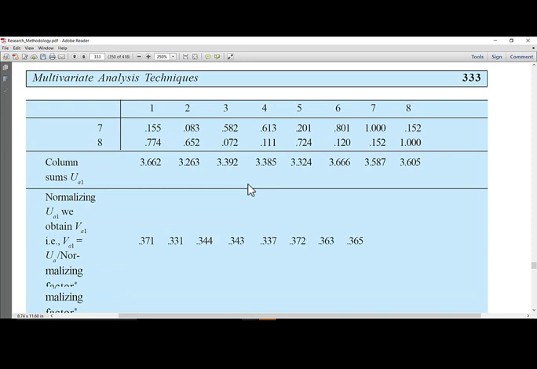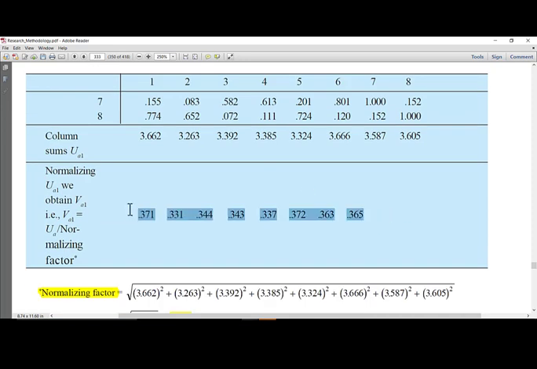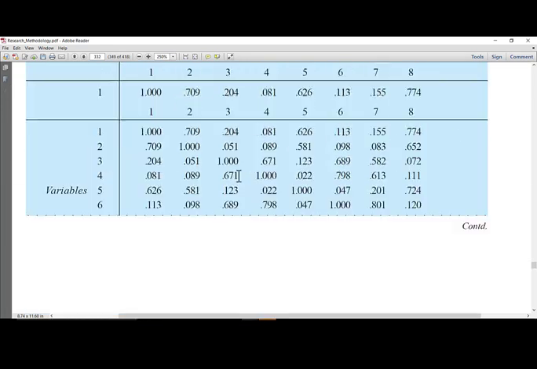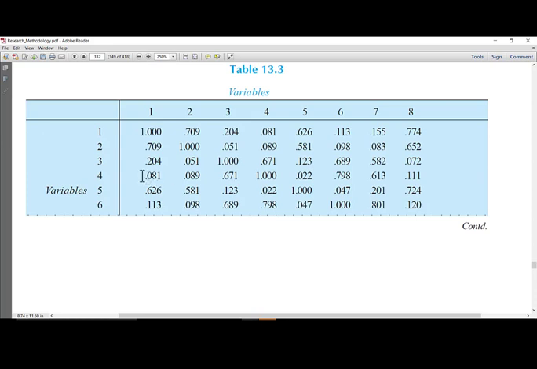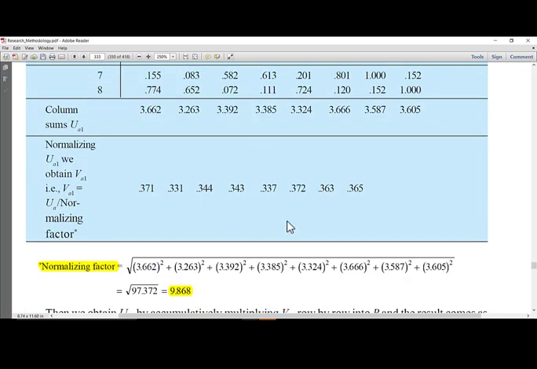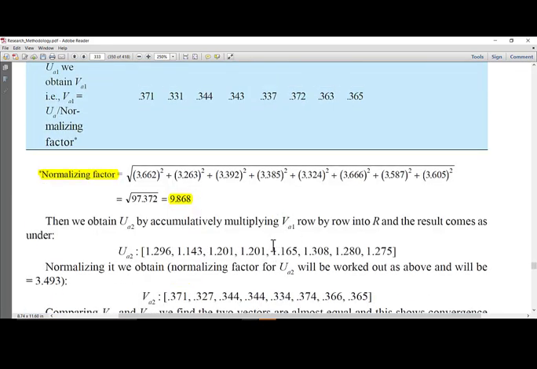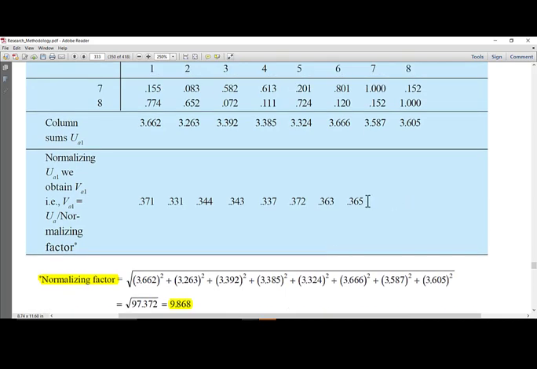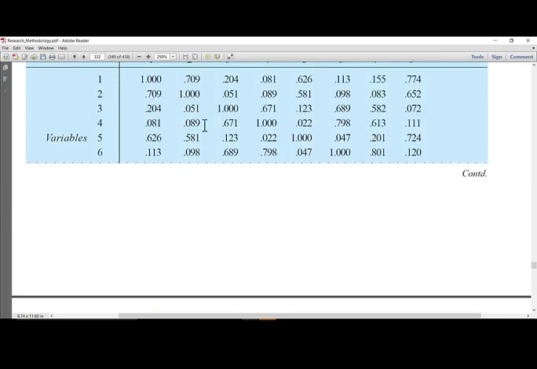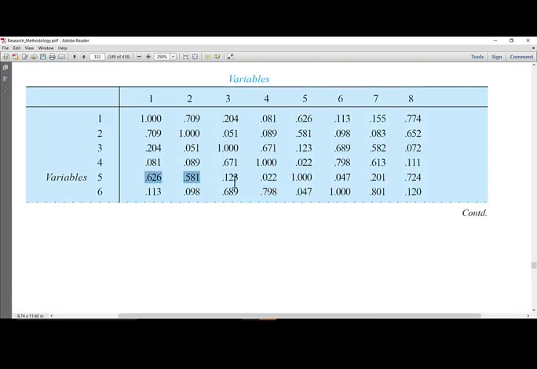In that case, the VA1 elements are multiplied with the fourth row, here, and this value also comes as 1.201. Then 1.165 is obtained by the VA1 elements multiplied with the fifth row and then summed up.